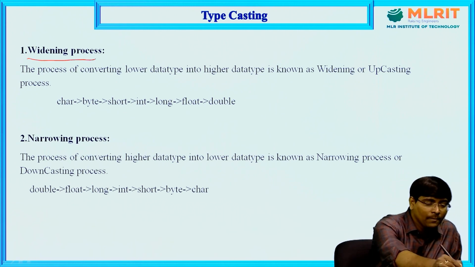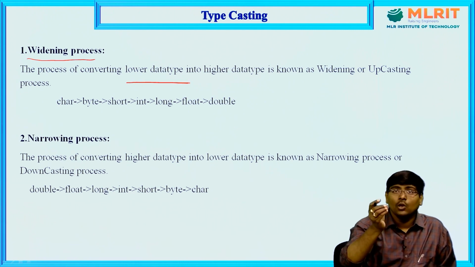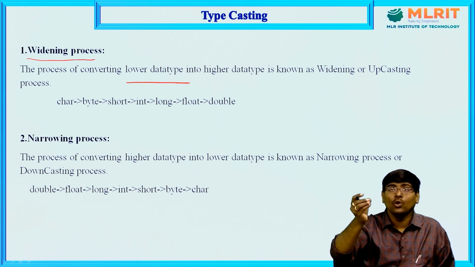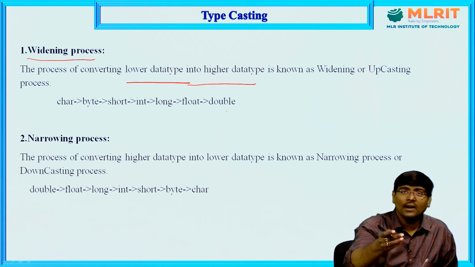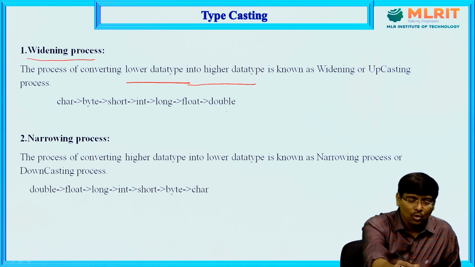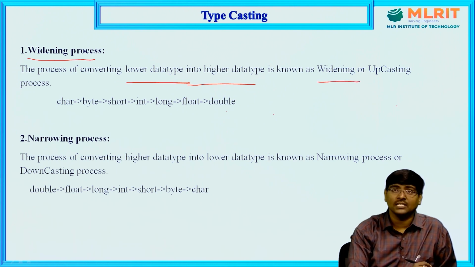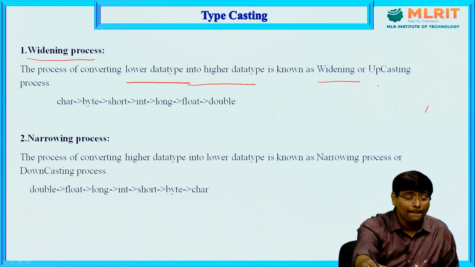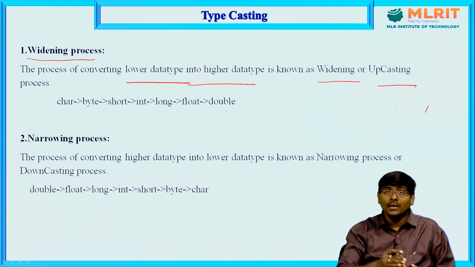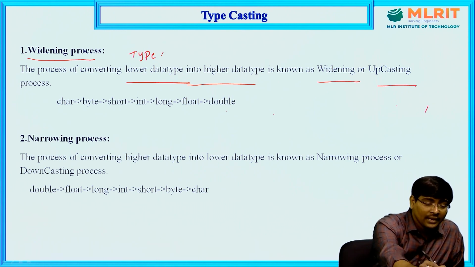First, the widening process means the process of converting a lower data type into a higher data type. What is meant by lower and higher? That is based on the sizes. Lower to higher data type. This is called the widening process, also called upcasting. Upcasting means expanding, and this is also called type conversion. See this one.